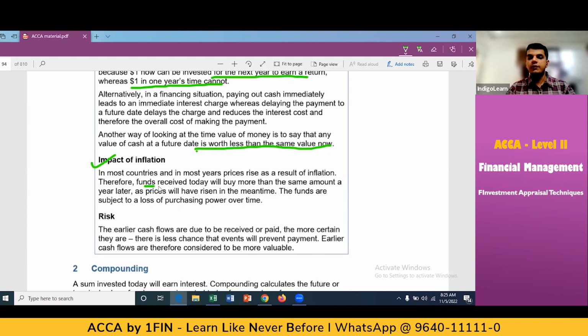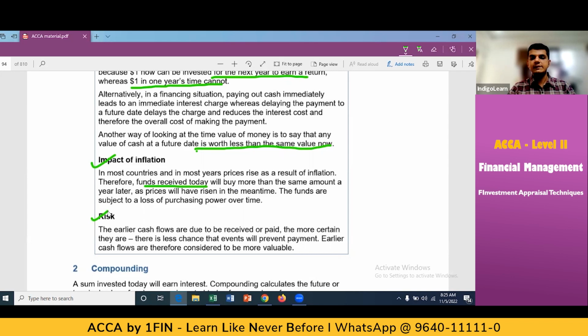Therefore, funds received today will buy more than the same amount a year later. Today, if I receive something, I can buy more, but if I receive the same amount after 5 years, I would be able to buy only fewer things with the same amount of money. So why not get the amount immediately instead of delaying the receipt of the sum?